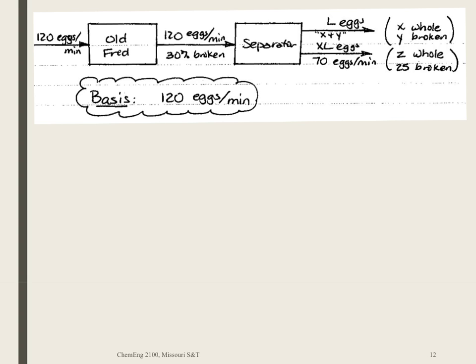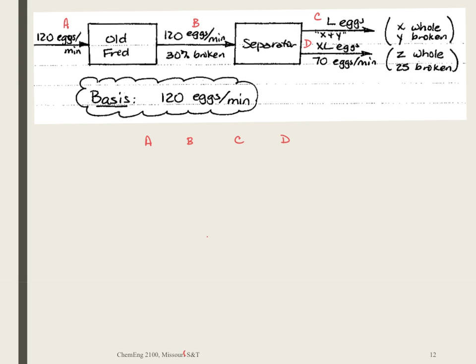We're starting to get ready for doing multi-component systems, but I think that you'll see that this is not all that complicated. So I have my streams. I'm going to label these A, B, C, and D just for simplicity. And I have my material balance table I can create.